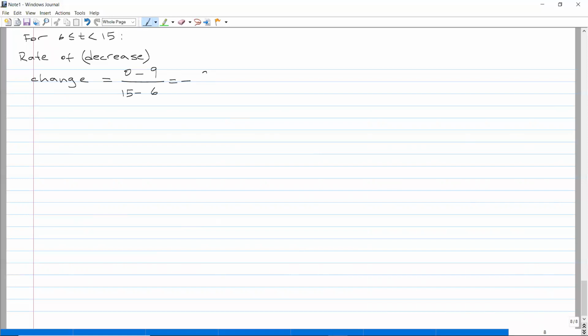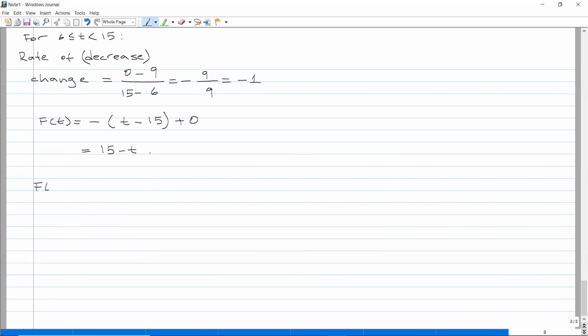So this is minus 9 over 9. So the rate of change is minus 1. So our function in this case is minus 1 times t minus, at which time do you want to take? At time 15, the force is 0 again. So this is 15 minus t. At time t equals 6, the force is 9. At time t equals 15, it is 0.